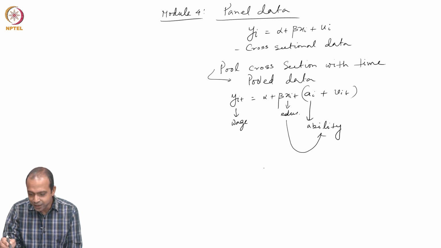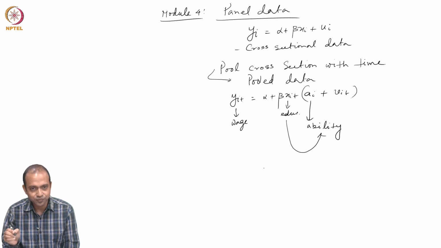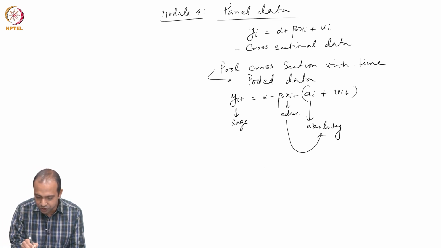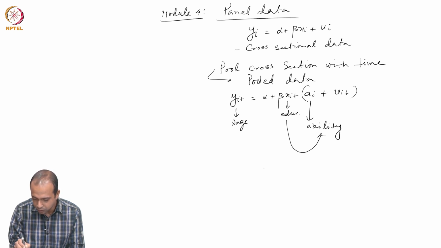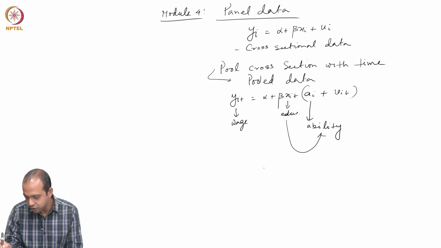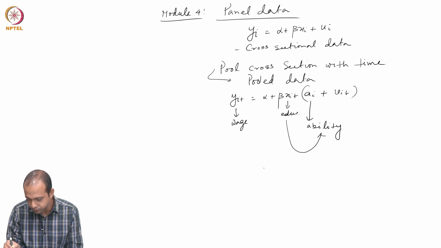Okay. So, panel data on the one hand will help to model such a situation ai, and then it will tell us in the presence of ai, which is basically an individual specific, time constant factor.